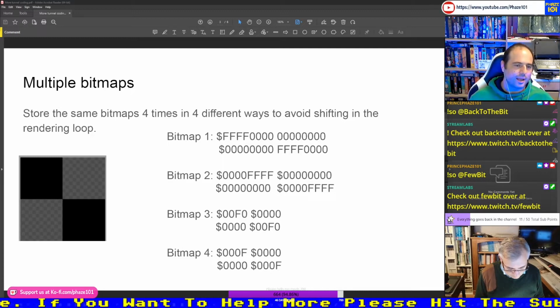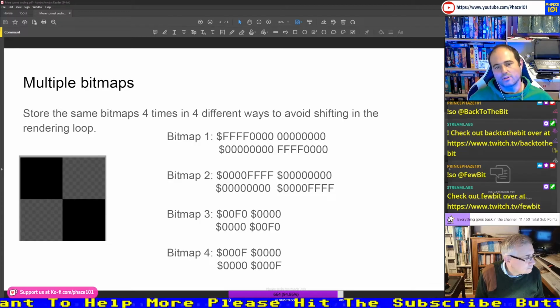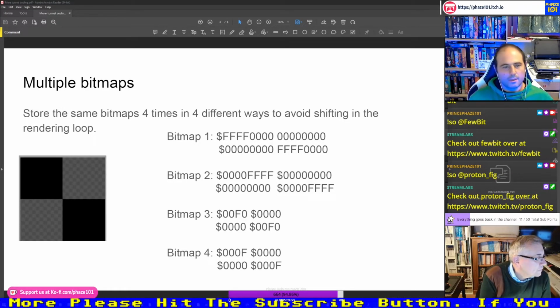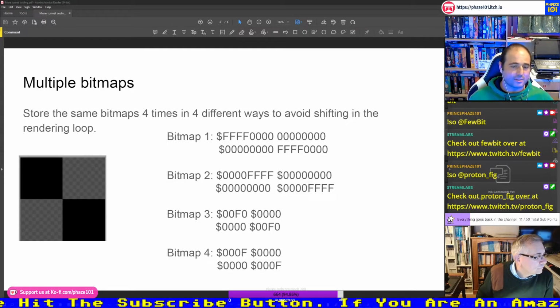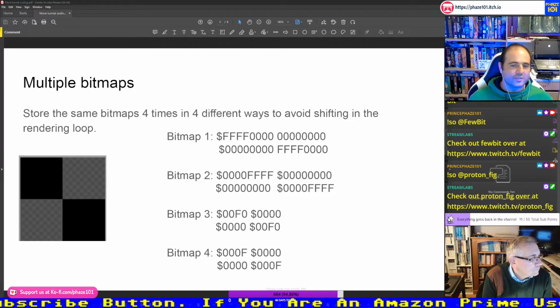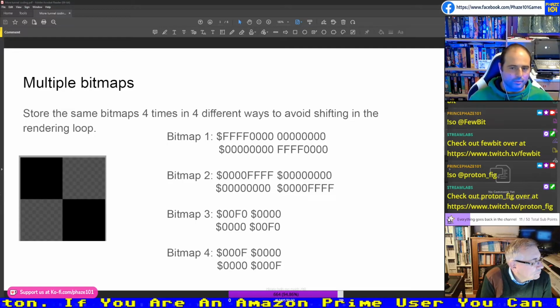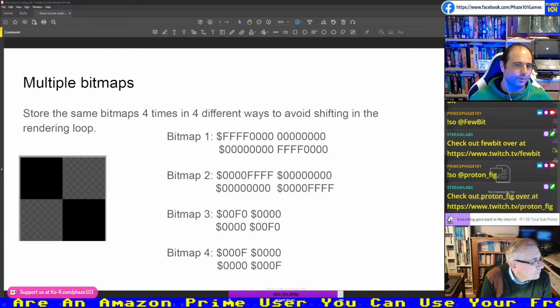If there is a black square, I store in memory 0000FFFF, otherwise 0. The third and the fourth pixel are just bytes, and I store F0 or just F according to the case, if I have to print a pixel or not.